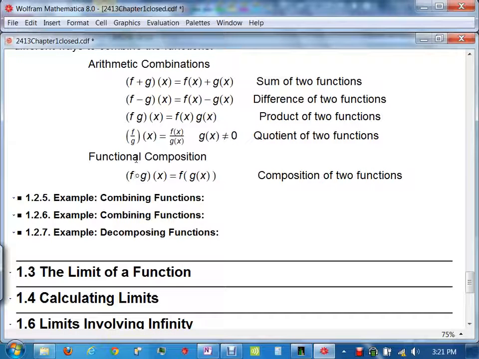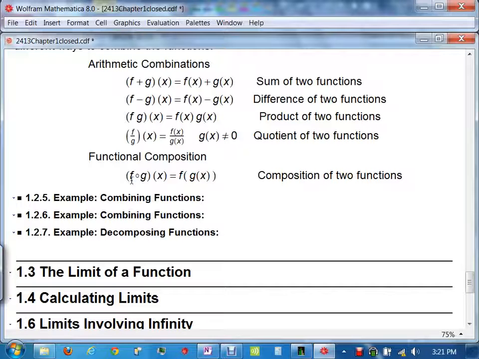What's the difference between those first 4 arithmetic combinations and composition? There's a fundamental difference between the two. Yeah, it's a function inside of another function. It's a function plugged into another function instead of a function plus another one multiplied.